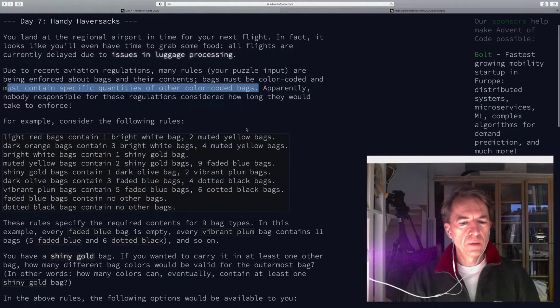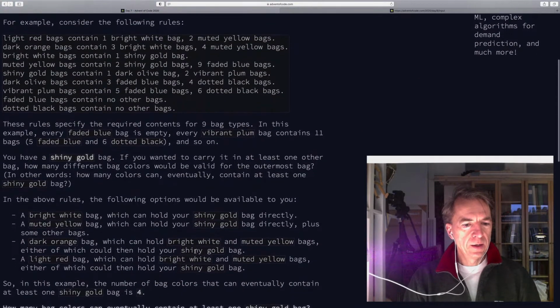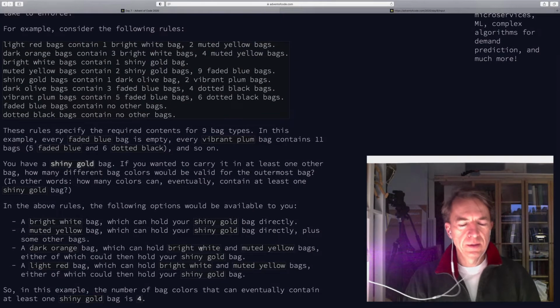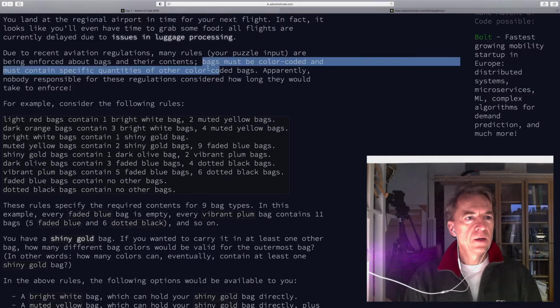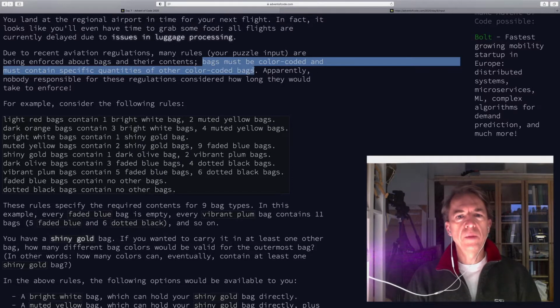So today's problem is about how many bags in this imaginary problem can eventually contain at least one shiny gold bag. The problem is that bags must be color-coded and must contain specific quantities of other colored bags.